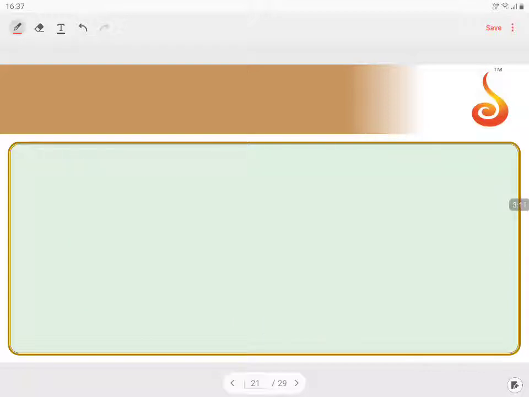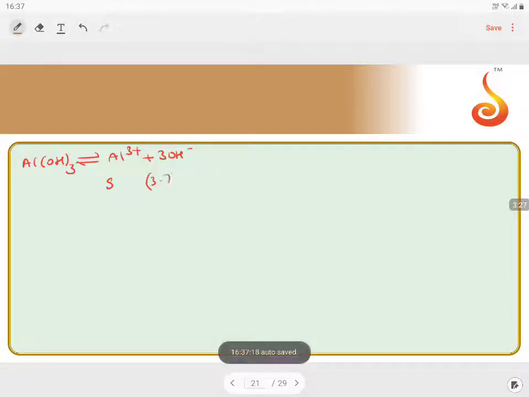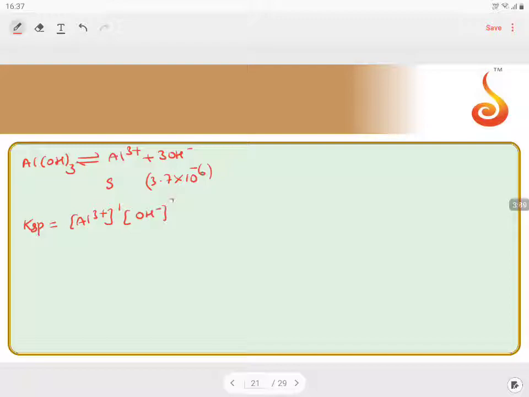Now we'll have aluminum hydroxide. We'll write aluminum hydroxide splitting into Al3+ and 3 OH minus. If Al3+ is taken as S, OH minus ion concentration we got is 3.7 × 10^-6. Now what will be Ksp? Ksp is equal to concentration of aluminum to the power 1 into OH minus ion raised to the power 3.